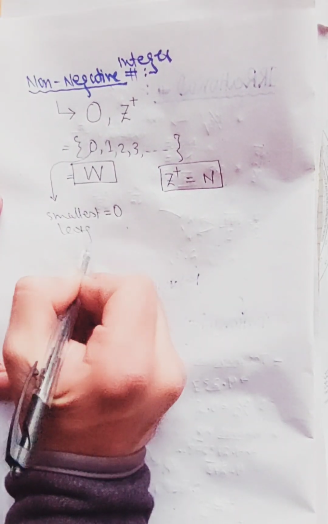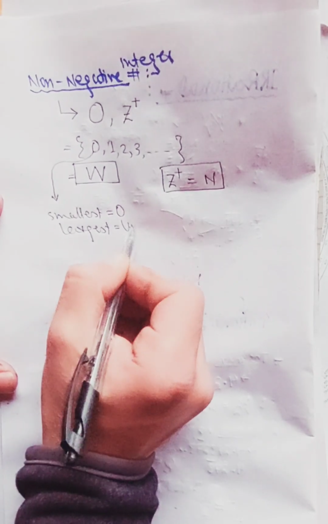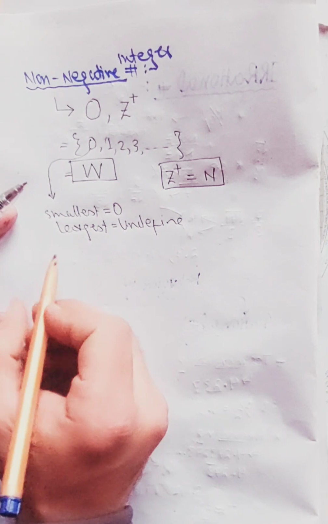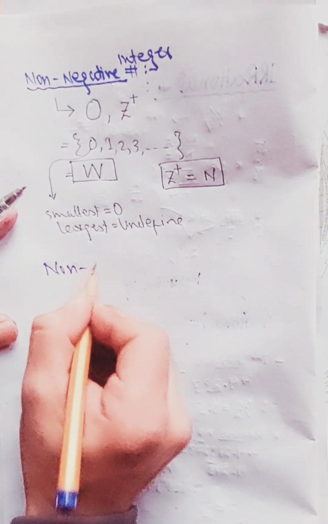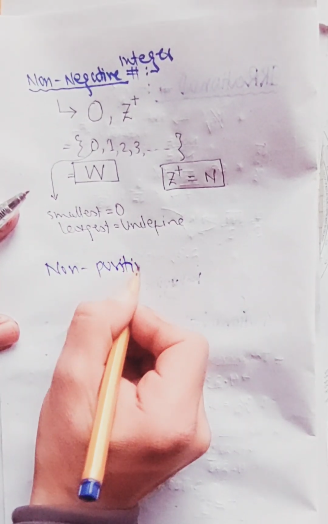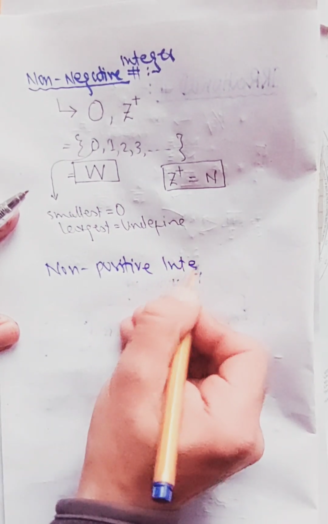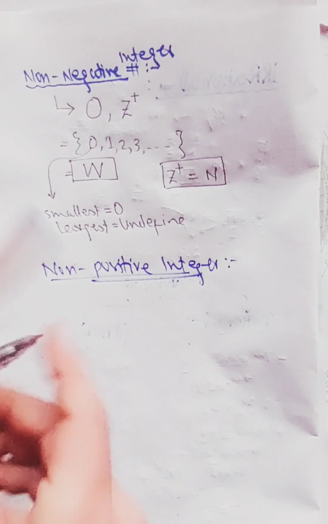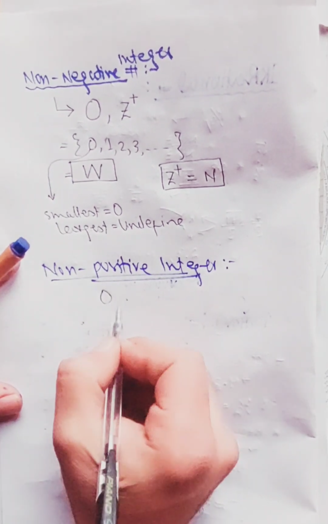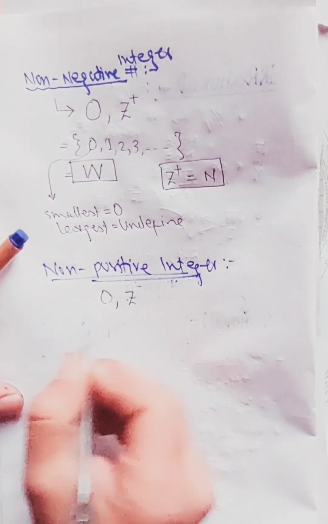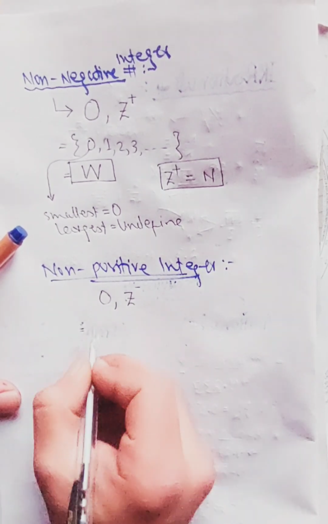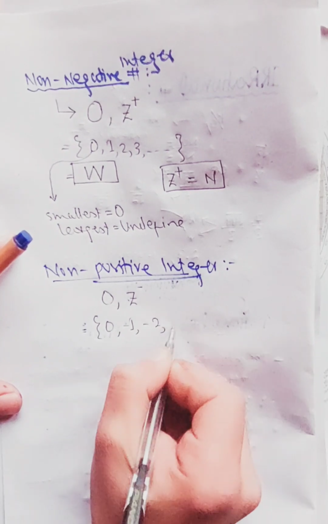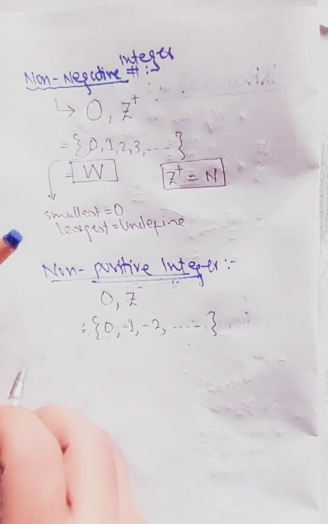What is the largest non-negative integer? This is obviously undefined. Then we have the non-positive integer. What is non-positive? जो positive ना हो. अगर positive ना हो तो फिर तो 0 and negative integers. So you can say 0, -1, -2, -3 and so on.